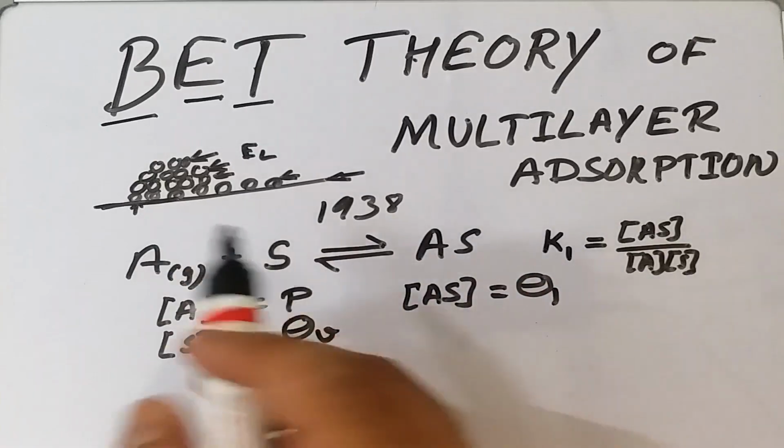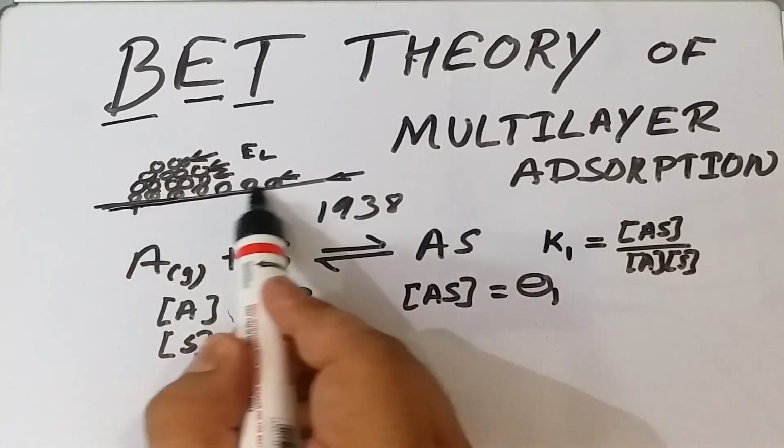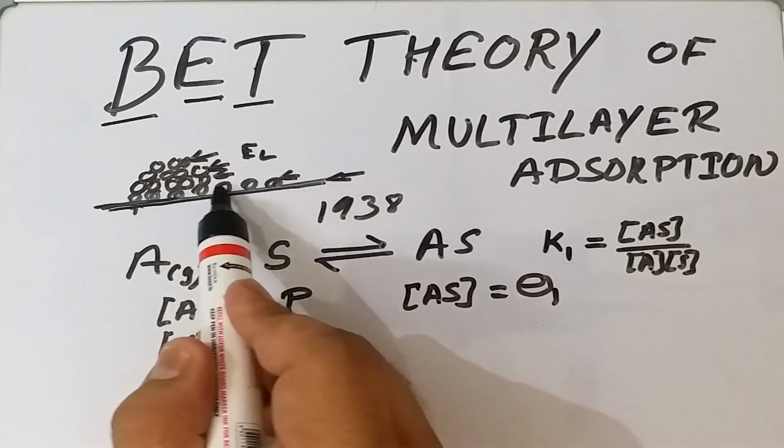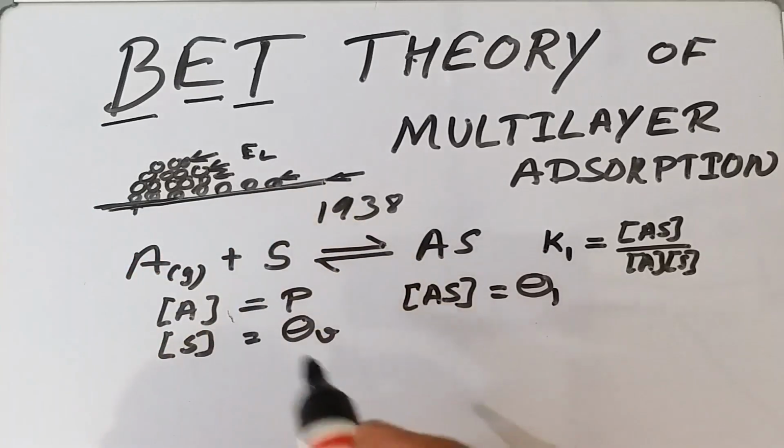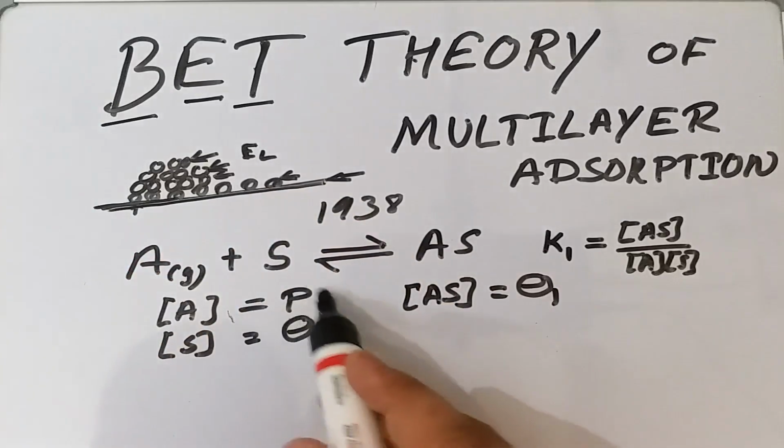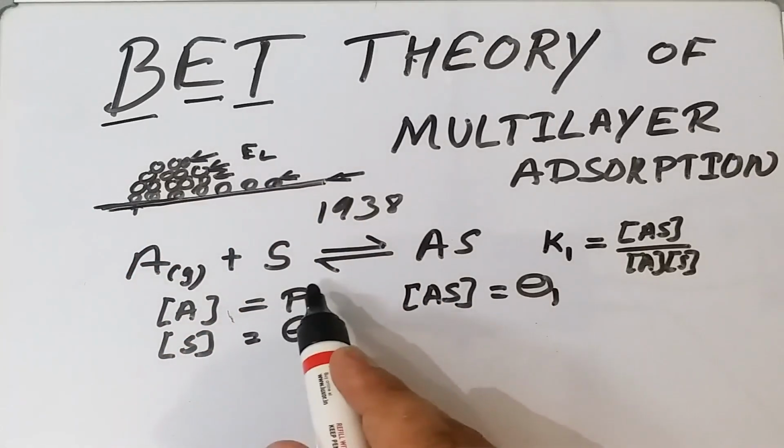So for the first case, what will happen is that we have a surface, and on that surface several molecules are adsorbed. So the concentration of our gas will be proportional or equal to the pressure.